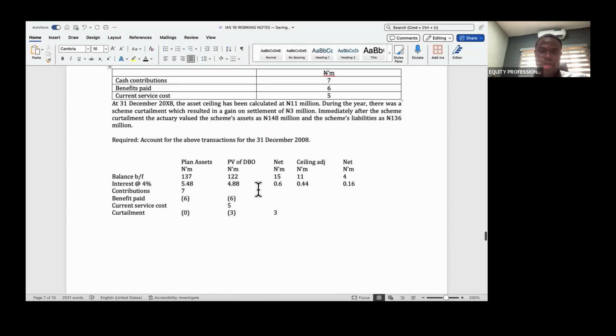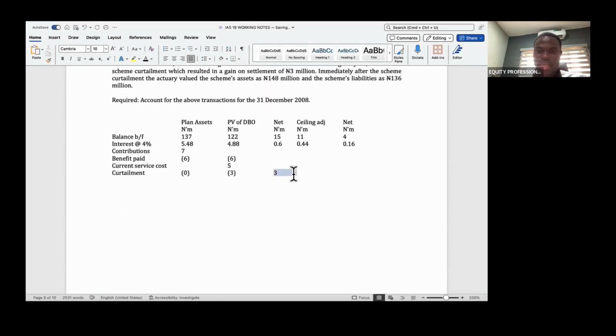So for year 2, since they just gave us the gain directly, it means that the obligation will have been higher by 3. It's important you do this, otherwise you will miss one mark or the other. It's very important you present it this way. You put 3 being higher, and this one's 0, just so that you are getting that gain of 3 given directly in the question. And you see that I'm lessening it because with the curtailment, obligation will reduce, assets will reduce, right?